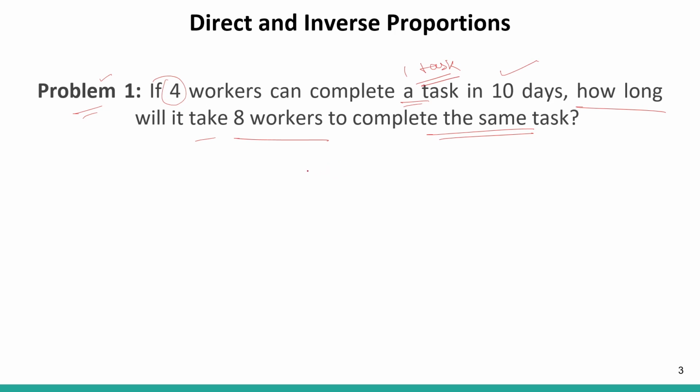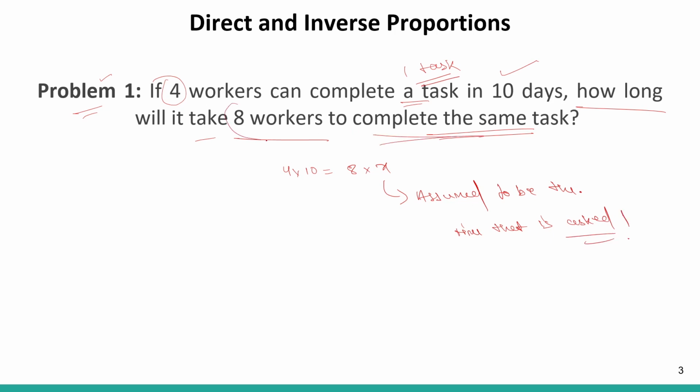We can use the work time equation here. That is 4 workers into 10 days, that is time, is equal to 8 workers into x days. We assumed x to be the time that is asked, the time for the 8 workers to complete the task.